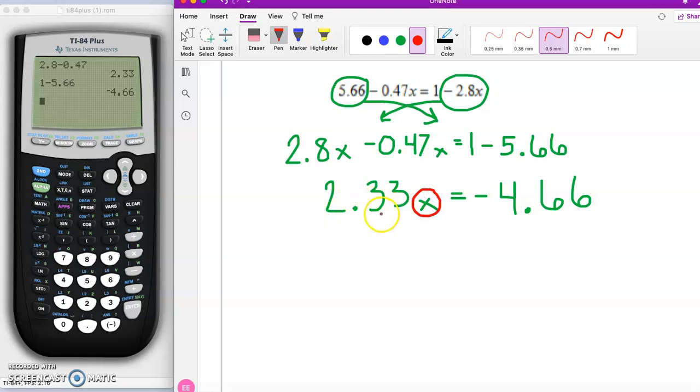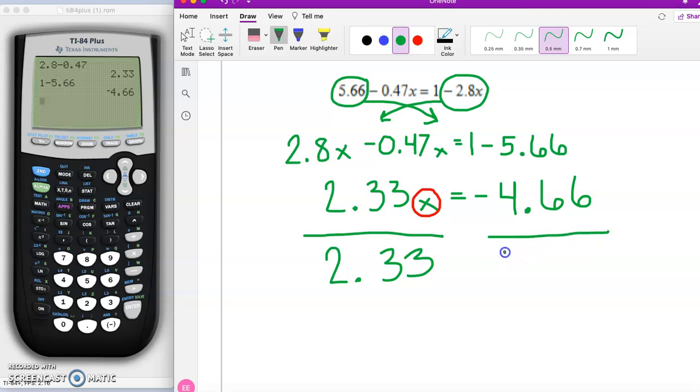The 2.33 and the x are multiplied, right? When they're together, they're multiplied. So to break them apart, we want to divide to separate. So we're going to divide by 2.33 on both sides. What you do to one side, you have to do to the other, always.